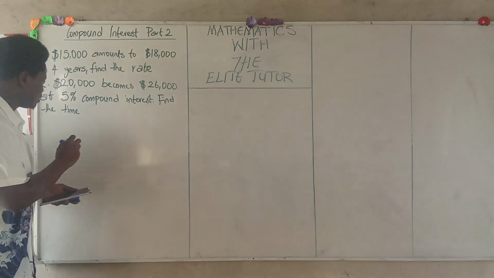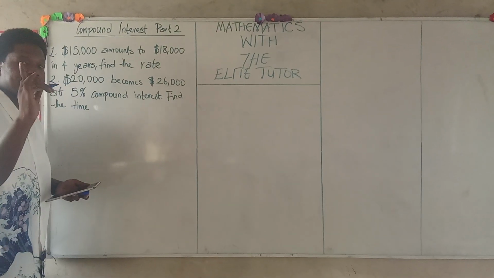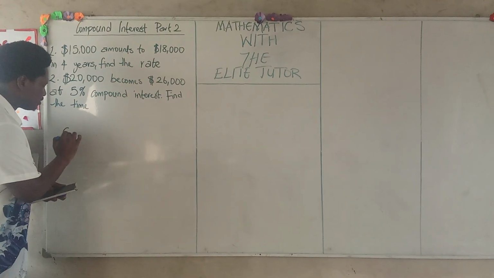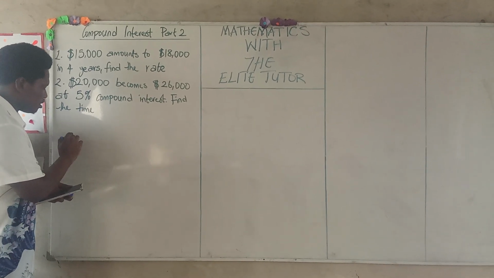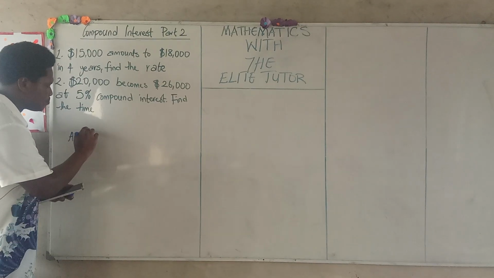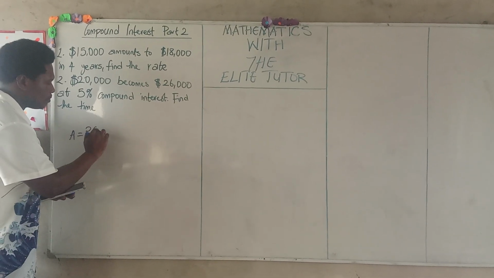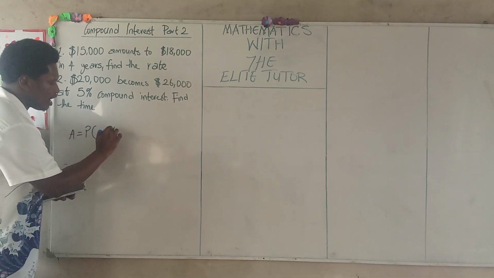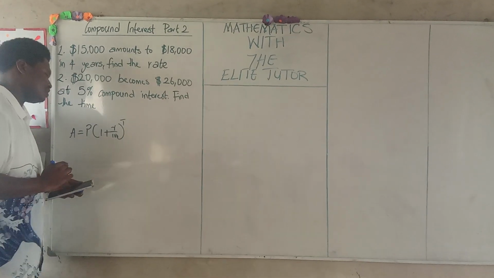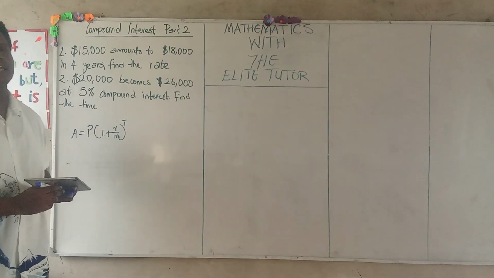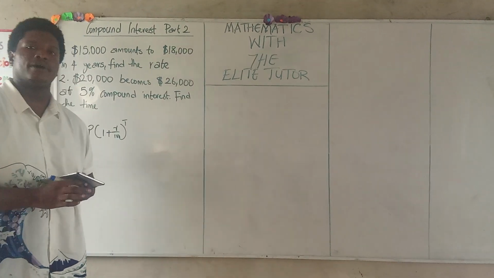Now firstly, the formula for compound interest. We have that the amount equals principal into bracket 1 plus r over 100 raised to power t. This is the formula that helps us to ascertain our amount.